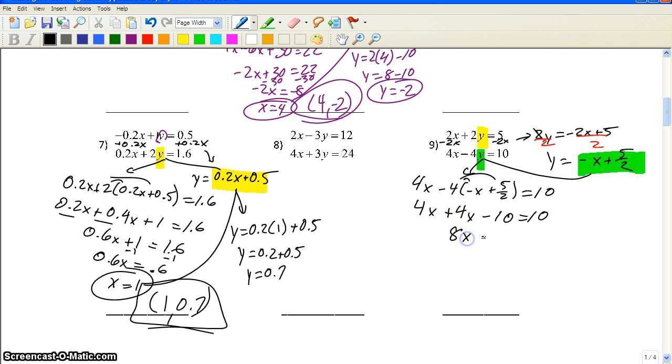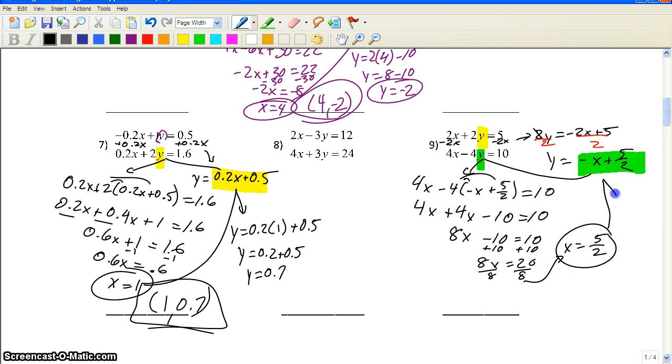So we're going to get 8x minus 10 equals 10. We're going to add 10 to both sides. So we're going to get 8x equals 20. Now we're going to divide by 8. We're going to get x equals, divide by 2, 10 fourths or 5 halves for our x value.